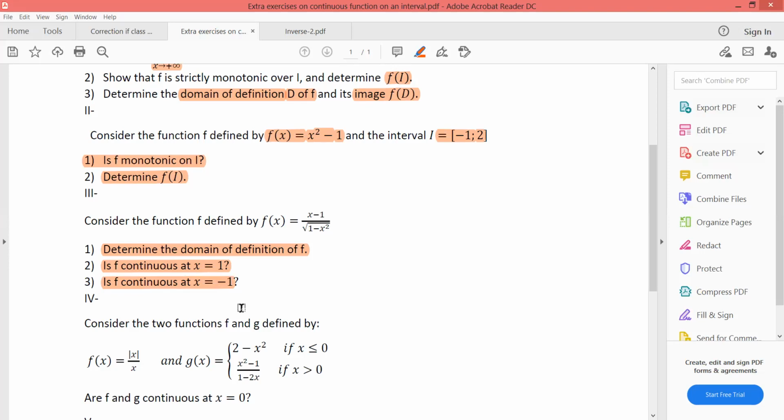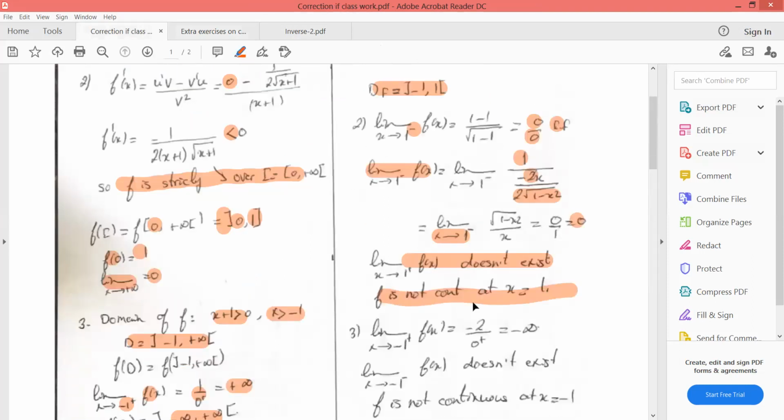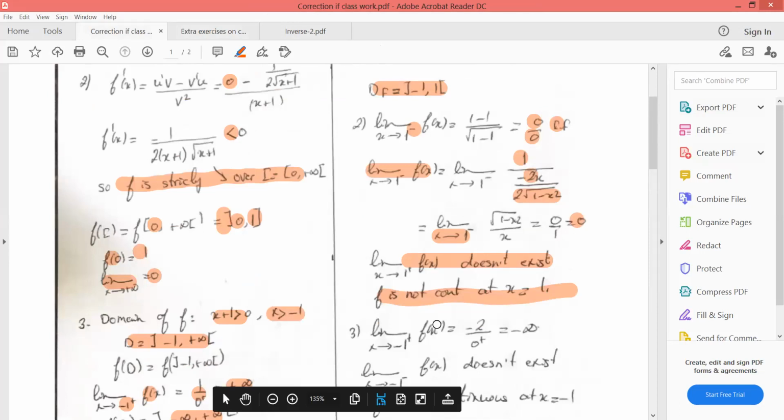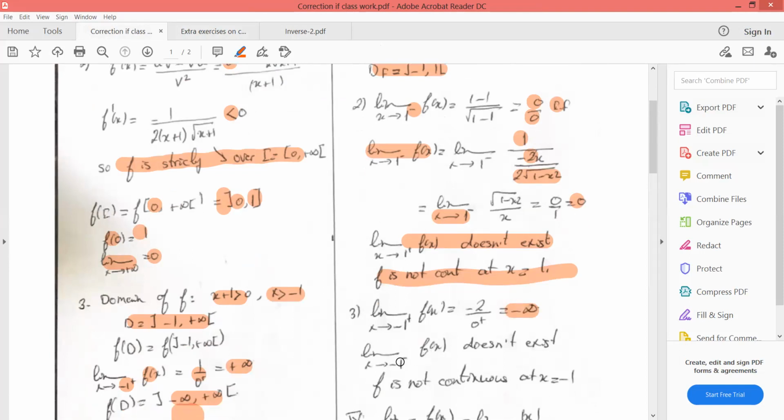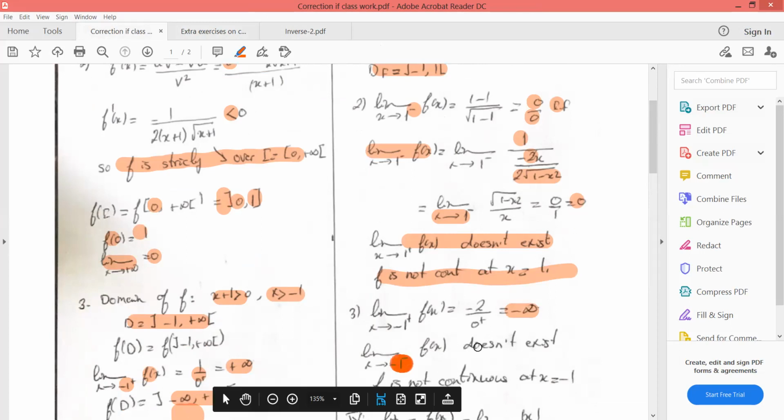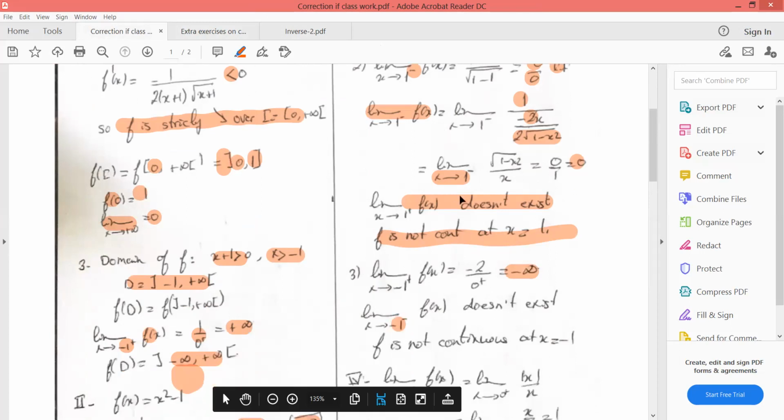We can say the limit as x tends to -1 plus of f(x) is -2 over 0 plus, equal -infinity. The limit of f(x) as x tends to -1 minus doesn't exist because -1 minus is not in the domain, so f is not continuous at x equal -1.